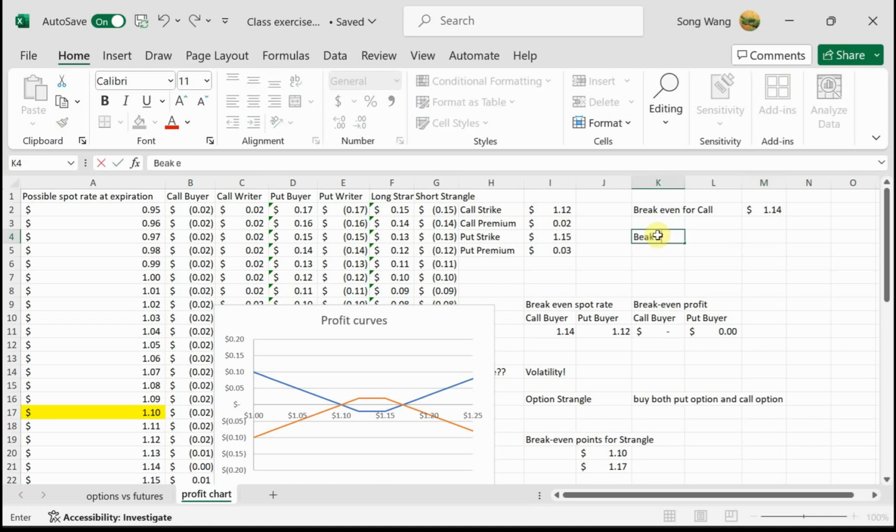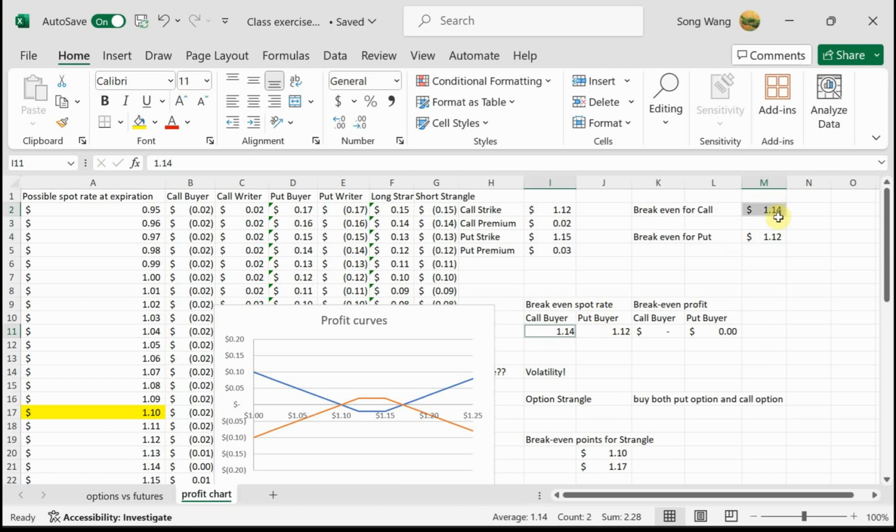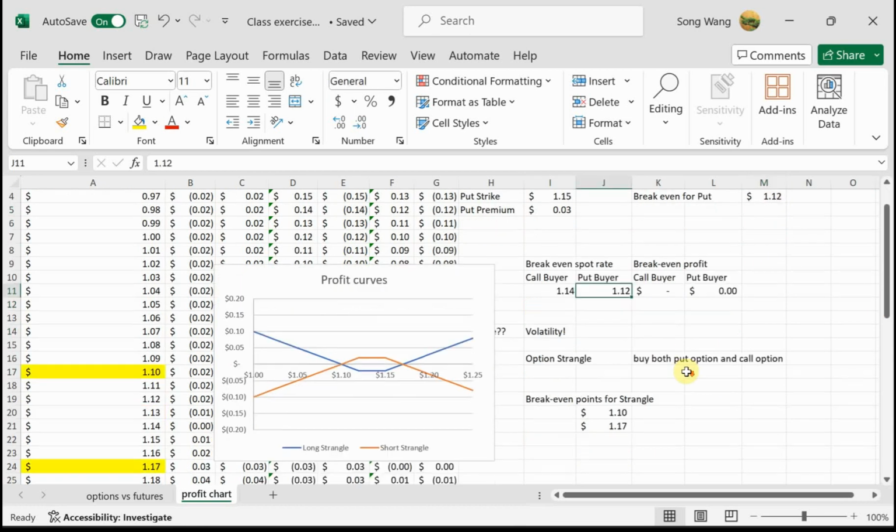And you can also do break-even for a put option, and you will use the strike price minus the put premium. One plus, one minus. It's different for a call and put. Okay, so you can see the results here are consistent. At 1.14, you use the mathematical formula and use GoSeek. At 1.12, this is the mathematical formula, and this is the GoSeek result.